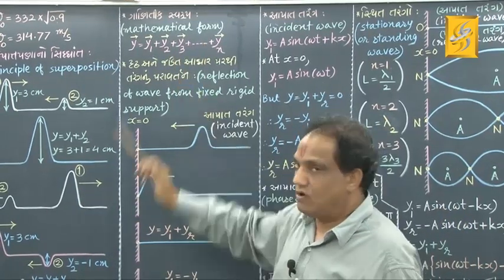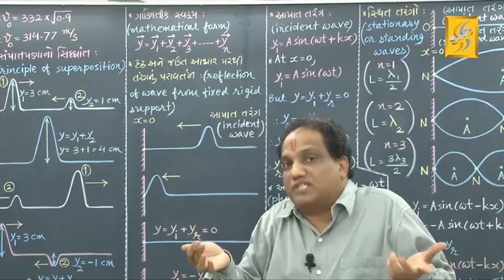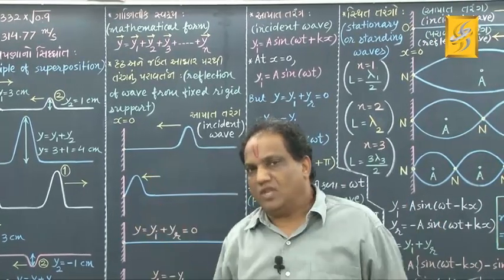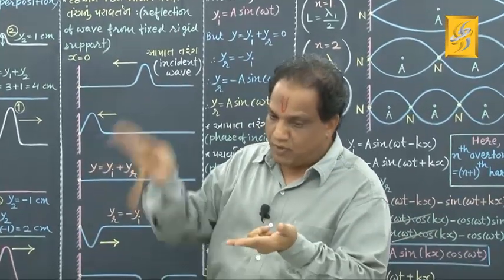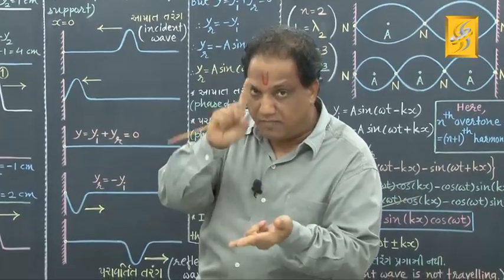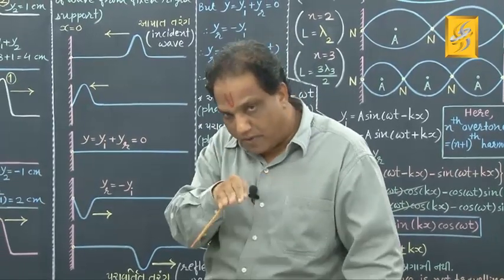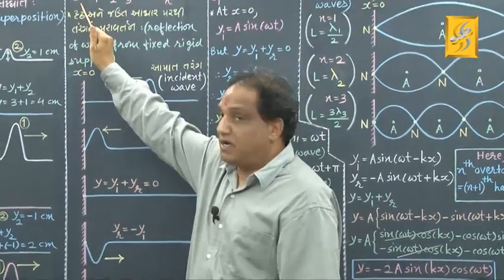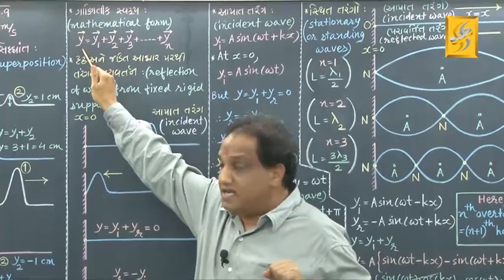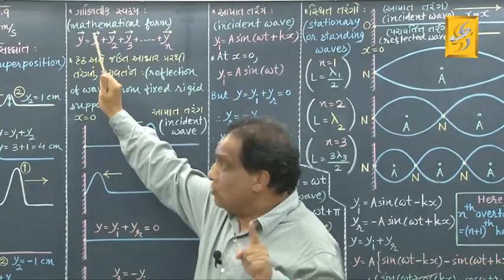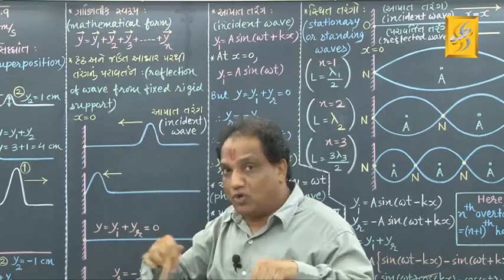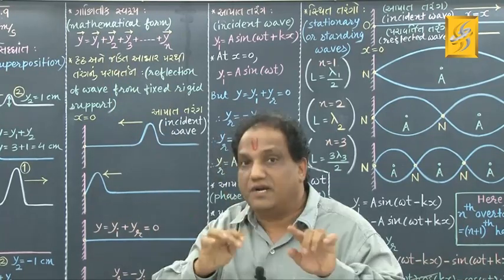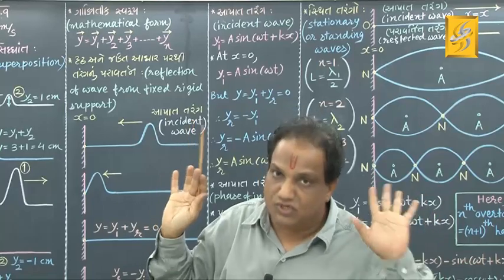In words, the statement is very simple. Whenever two or more than two waves superpose at any one particle of medium simultaneously, the resultant displacement produced in that particle is just equal to vector addition of displacements produced by the superposing waves independently. Full stop.